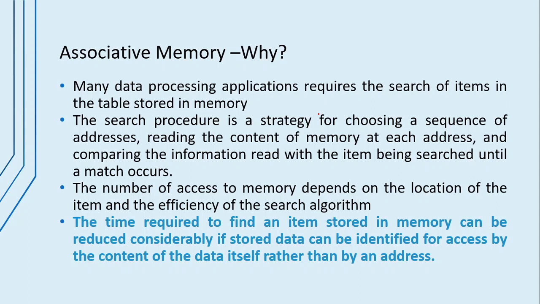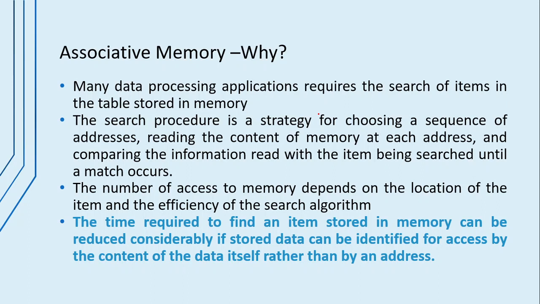So in simple words, whenever you want to search for an item in a table, you have to provide that item. For example, I want to search ABC in the given data. Then first your search procedure has to find a set of different addresses, means choose a particular address where the data might be.